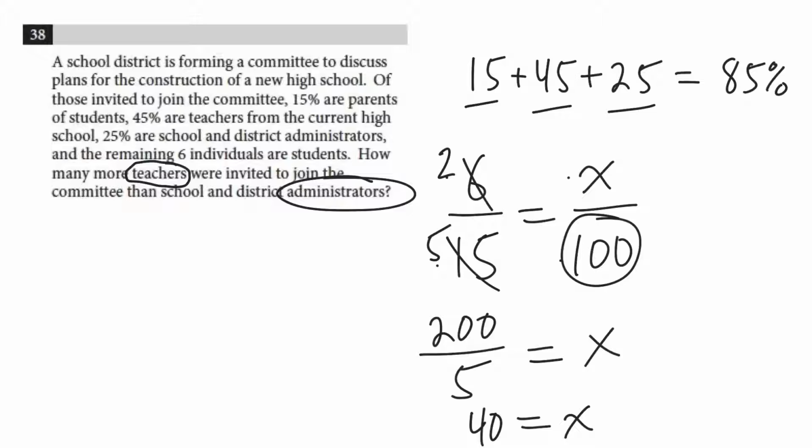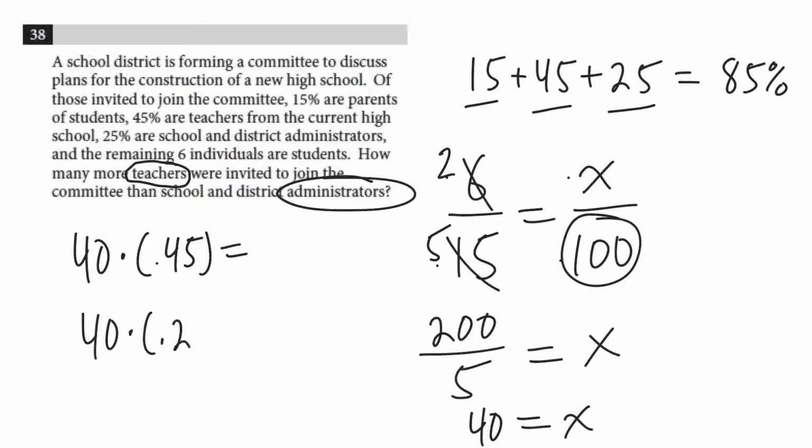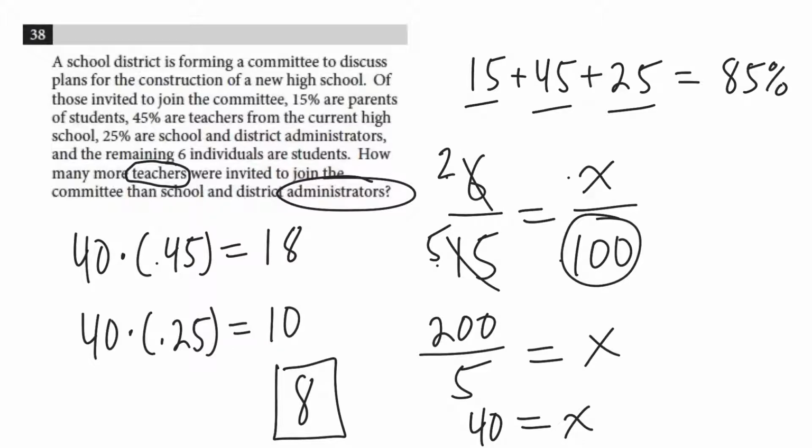I'm just going to plug that into my calculator. I know it's going to be 40 times 0.45, and I know that admin are 25%, so that's going to be 40 times 0.25. Well, 40 times 0.45, that's 18. And 25%, well, I know that's a quarter, so that's going to be 10. So how many more teachers? Well, we know that the difference between these two is 8. 8 more teachers than admin were invited.